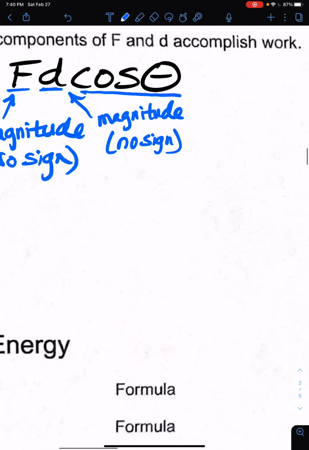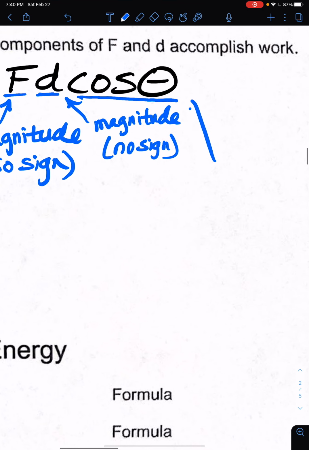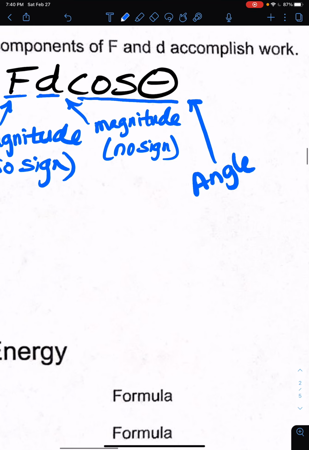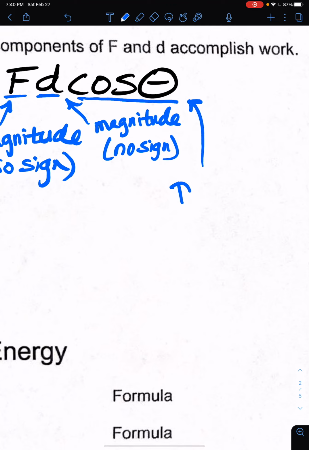So the angle, right? The cosine of the angle determines the sign. So I'll just write it that way, right? The cosine of theta determines the sign.